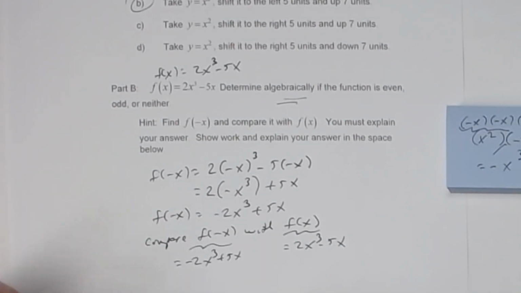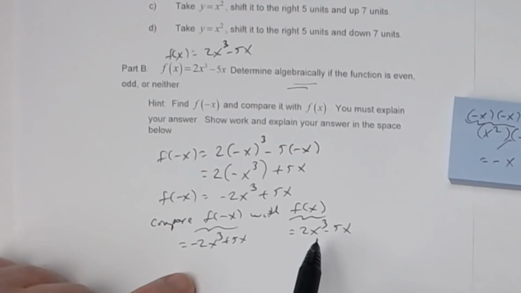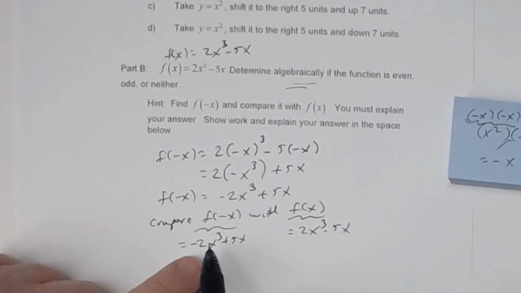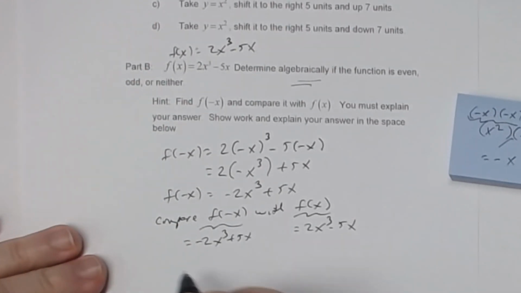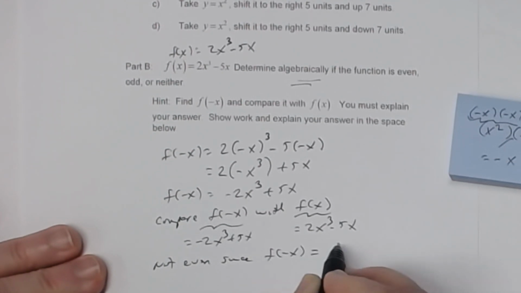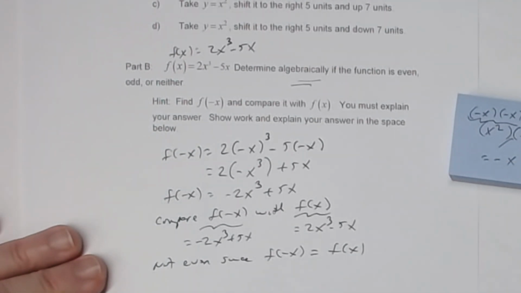You're comparing them now. So you're asking yourself, are those two functions that I see here equal to each other? And the answer is no. This is negative 2x cubed, this is positive 2x cubed, this is positive 5x, this is negative 5x. So it's not even, since f of negative x does not equal f of x. They're not equal to each other.